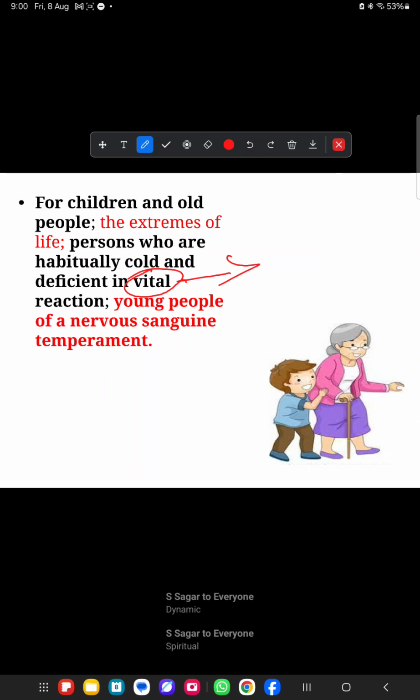Spiritual, autocratic, dynamic, unintelligent. Very good. So these are the qualities of vital force. Many times a question comes from here asking what the qualities of vital force are, so you have to remember all the points. Okay, don't forget.